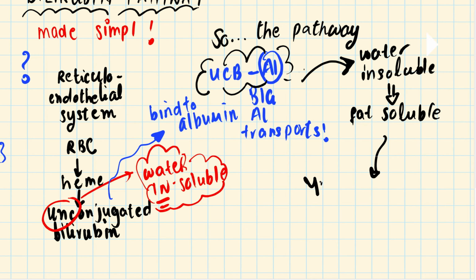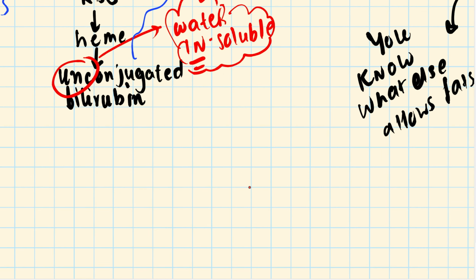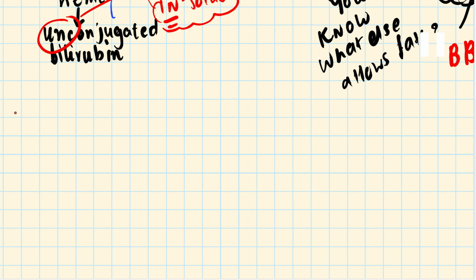And if it's fat soluble, do you know what part of the body allows fats to pass through? You guessed it, the blood-brain barrier. Tell me, is that dangerous or is it fine? That is dangerous. That is so dangerous because you can then get something called kernicterus.